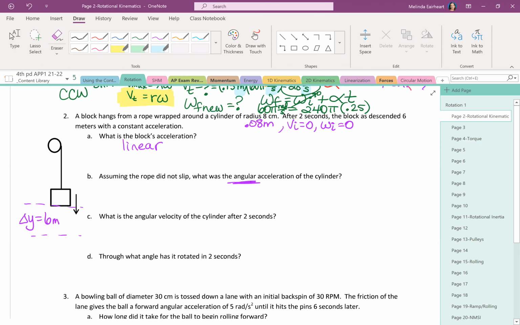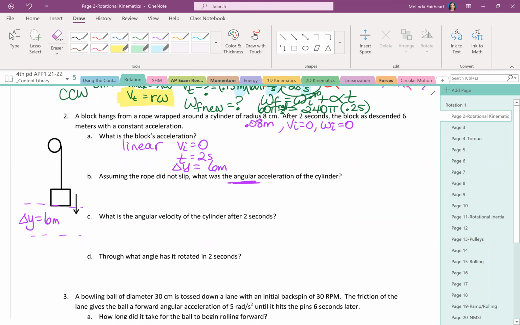And so good old kinematics, right? Good old fall semester. How are we going to find linear acceleration? Well, we know it starts at 0. We know 2 seconds are going to pass. And we said there's a height change of 6 meters. Now it did say it descends. So let's talk. It's falling down. Is the acceleration 9.8? Why not?